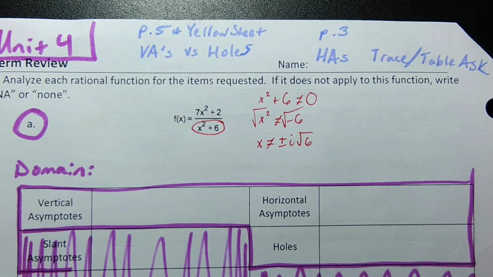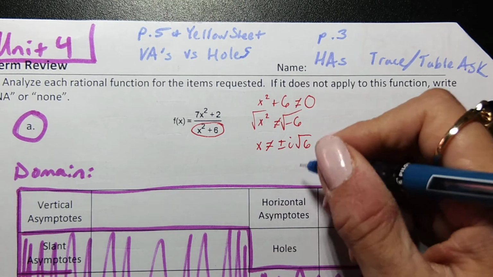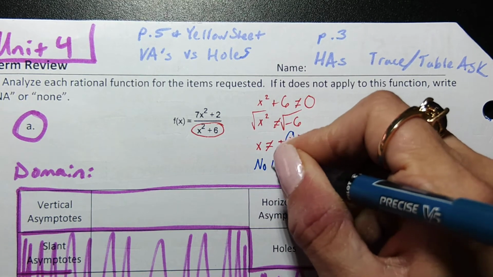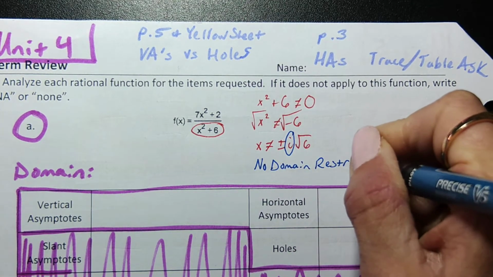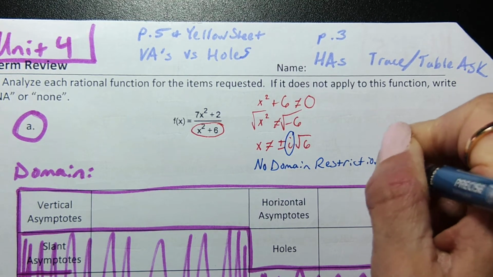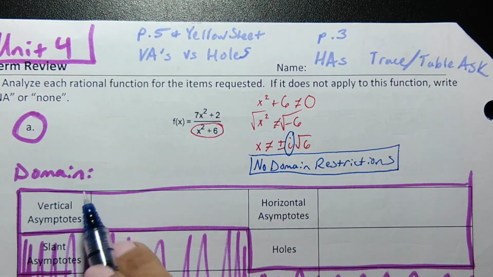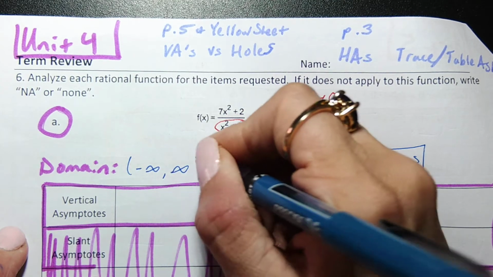Folks, is that a restriction that I care about? No, because when we are talking about domain restrictions, we mean actual X values that we can possibly get. So this, because of the imaginary unit, means there are actually no domain restrictions, which means our domain is all real numbers, negative infinity to infinity.